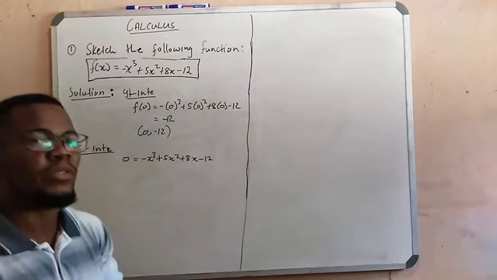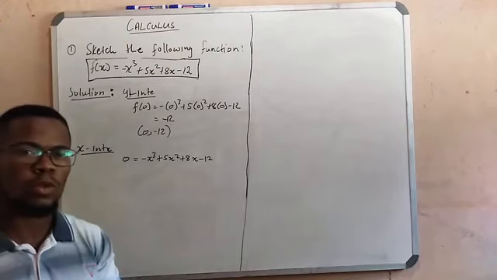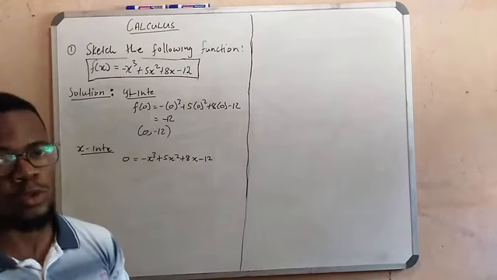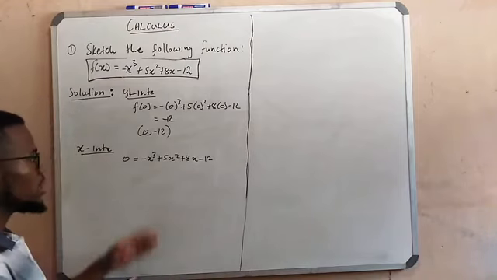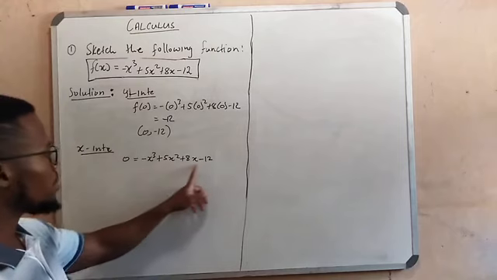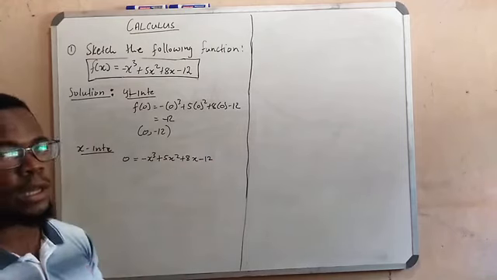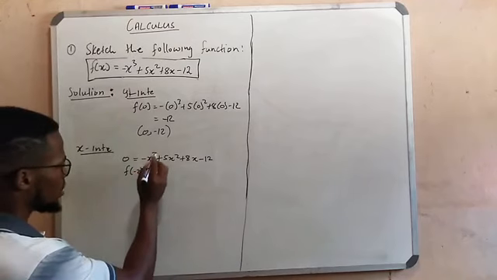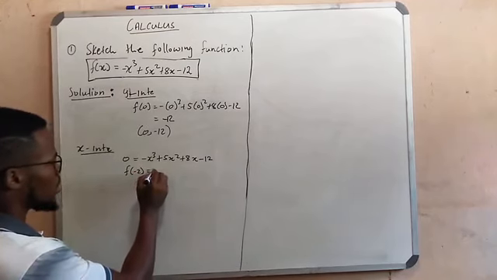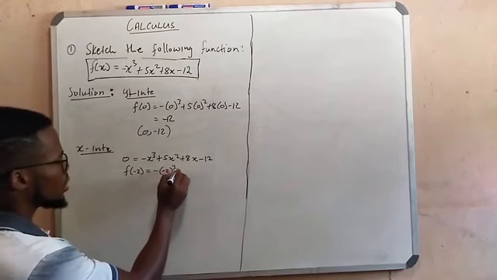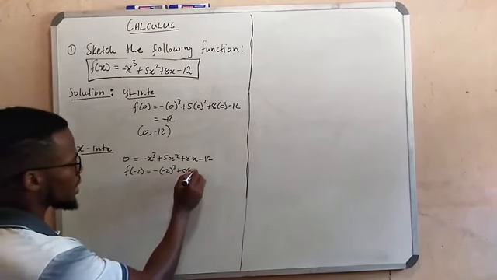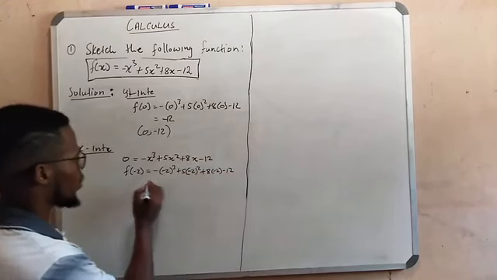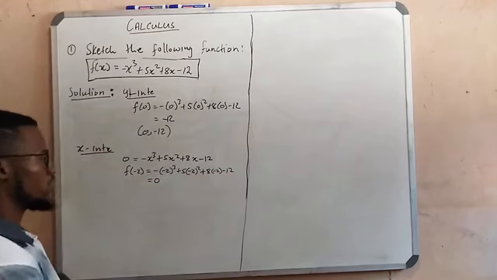What do we mean when we say a factor? It simply means the value of x which, when you substitute it here, will make this function equal to 0. That value of x is -2. When you substitute -2 here, you get 0. Let us check. f(-2) = -(-2)³ + 5(-2)² + 8(-2) - 12, which is equal to 0.